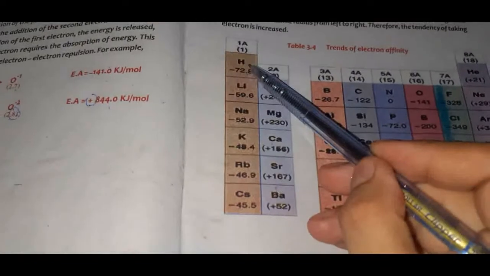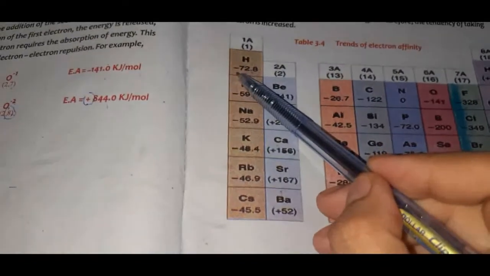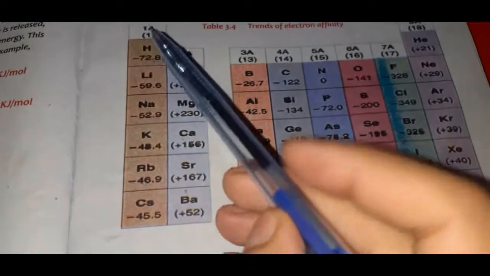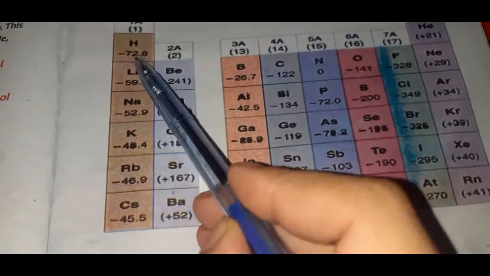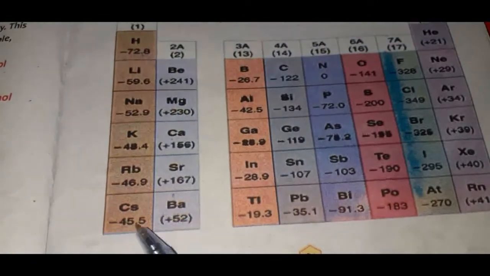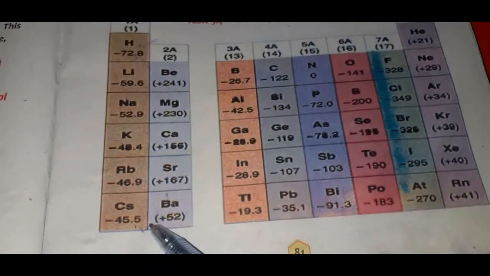In this case, hydrogen has, leave the hydrogen. Hydrogen has 72.8 electron affinity, whereas cesium has 45.5. This means that hydrogen has more electron affinity as compared to cesium, right?